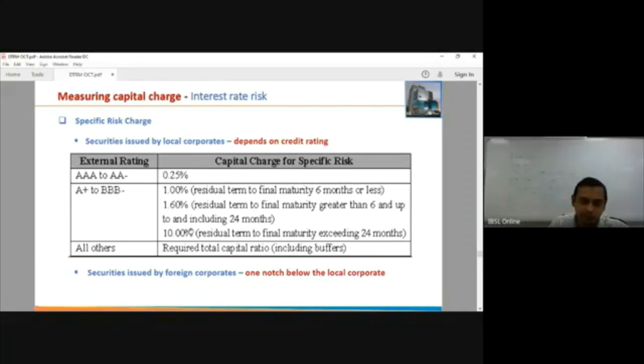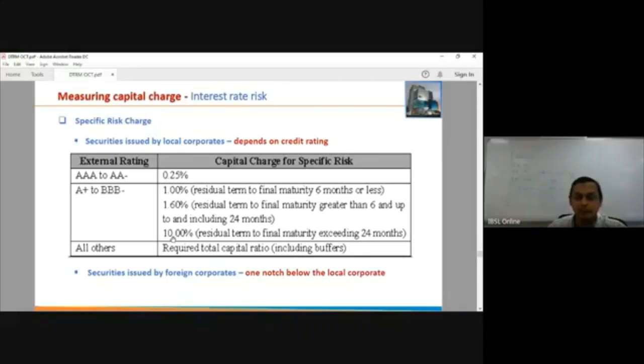Now say for example, the rating is A and remaining maturity is 1.2 years. So that is more than 6 months and less than 24 months. So 1.6. Instead of using 1.6, you need to go one notch below. You need to take the next highest thing.